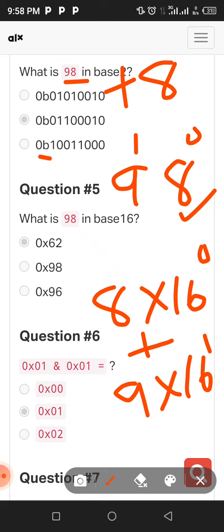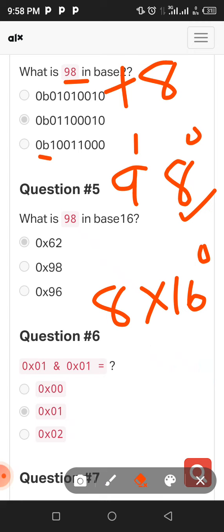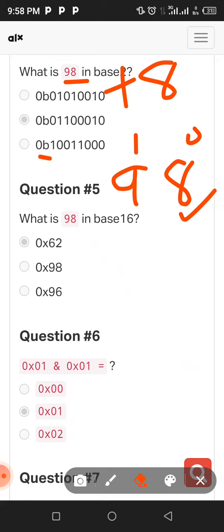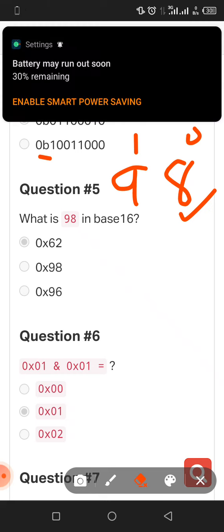So we have 152 there. The 152 we have there, we are going to be converting it to the actual value.